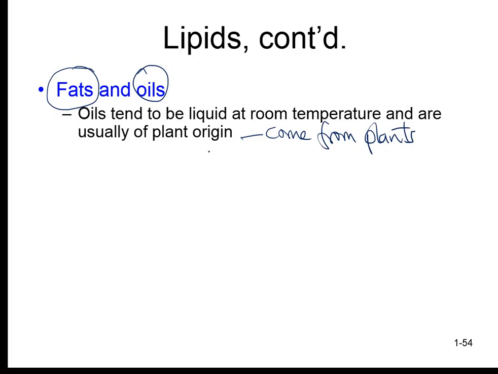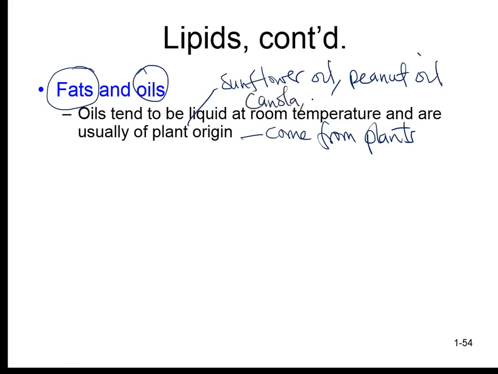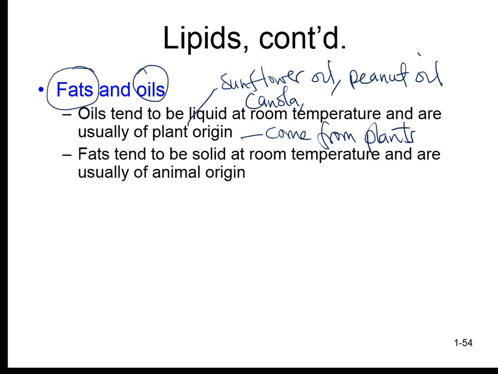So e.g. sunflower oil, peanut oil, canola oil, and all these other oils that you see in liquid forms, they come from plants.